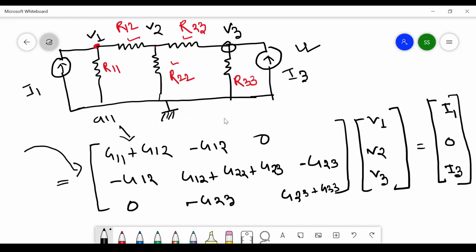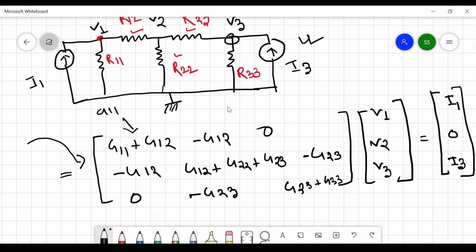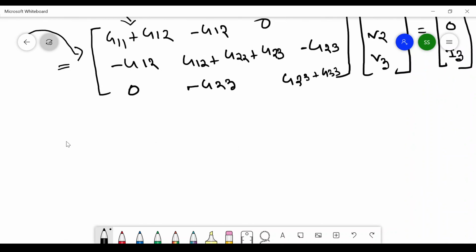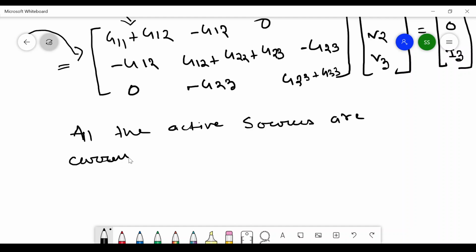And an important point to remember is that we prefer nodal analysis when all the active sources are current sources. That is important.